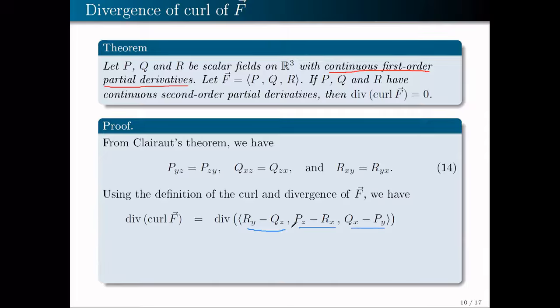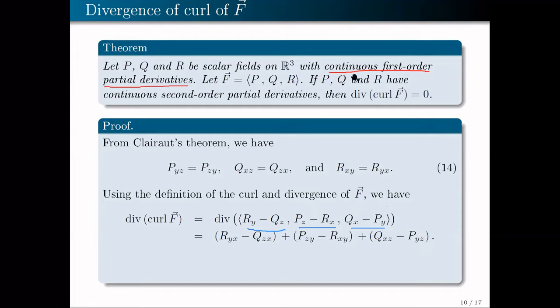So solving for its divergence, we will get the partial derivative of R_y minus Q_z with respect to x, plus the partial derivative of the second component with respect to y, plus the partial derivative of the third component with respect to z, or Q_xz minus P_yz.